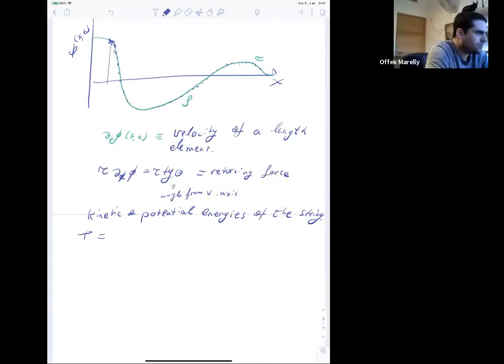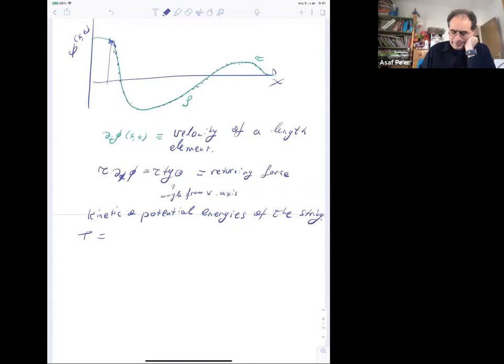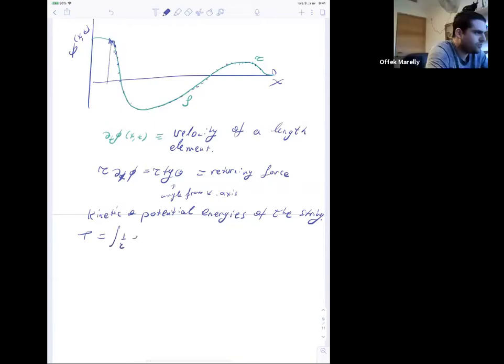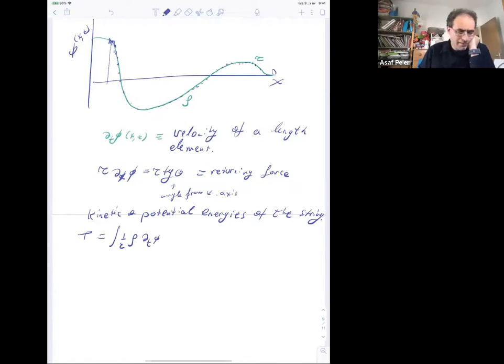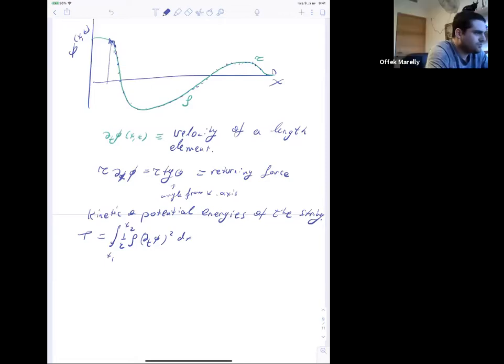We need to take an infinitesimal mass element, half and the velocity squared, and then integrate over everything. 1/2 rho dt phi squared, integrate over the string. So I wrote it down.